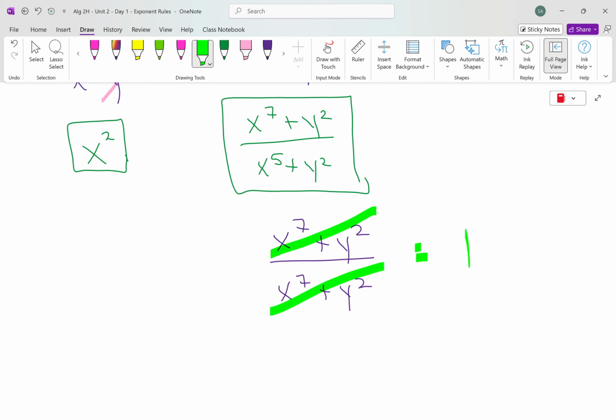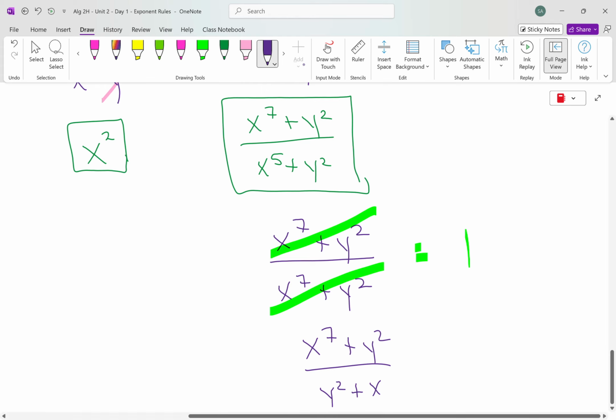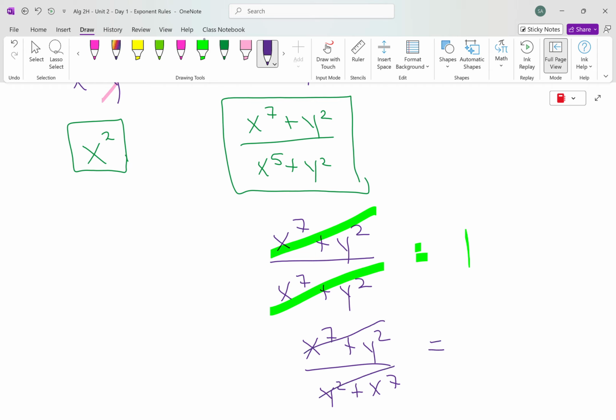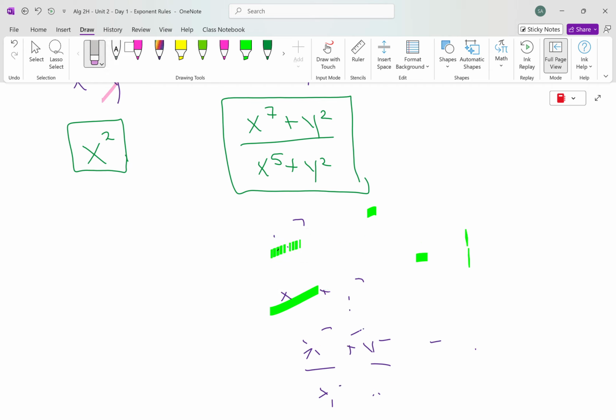So we're going to take them all out. So that would just be 1. If it was flipped in the denominator, like y to the 2nd plus x to the 7th, could you still cancel it? Yep, because addition's commutative, right? So y to the 2nd plus x to the 7th is the same as x to the 7th plus y to the 2nd. So that's still the same thing divided by top and bottom gives us 1. You're welcome.